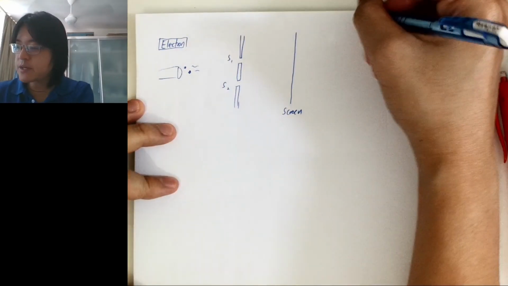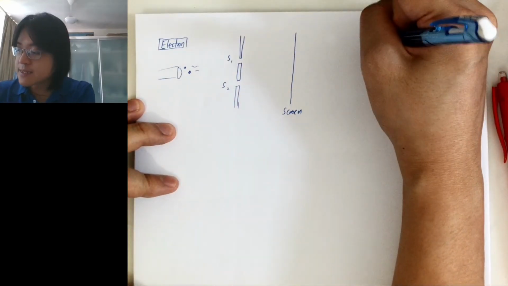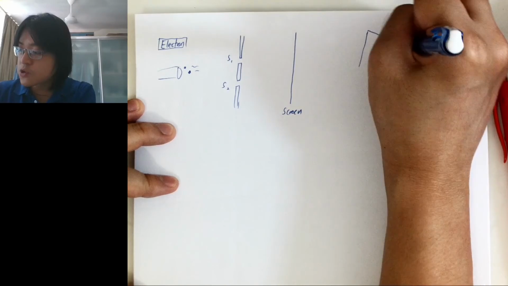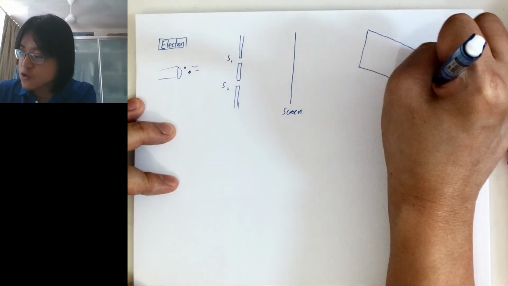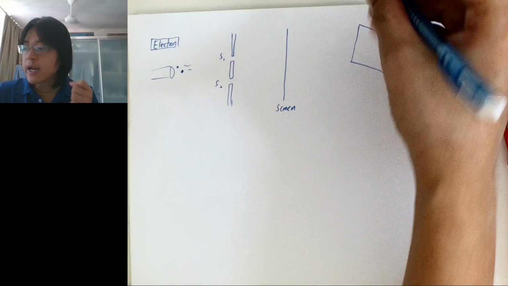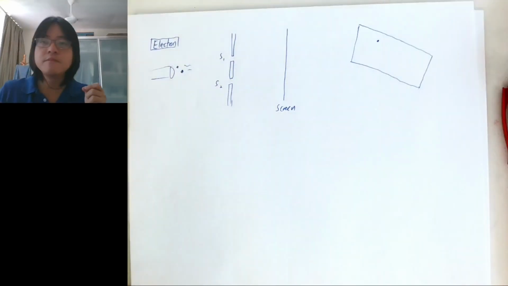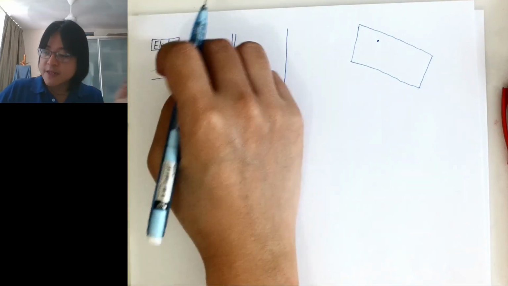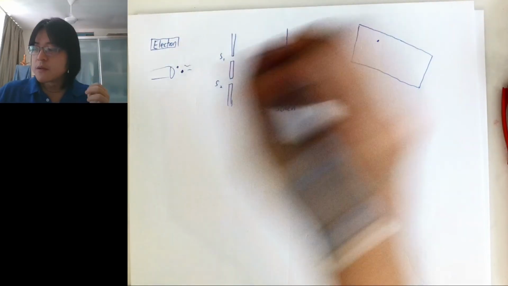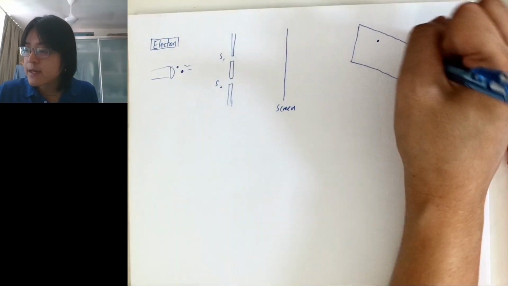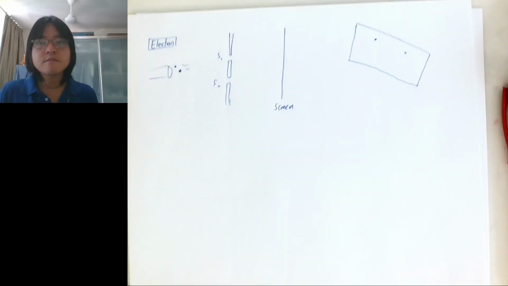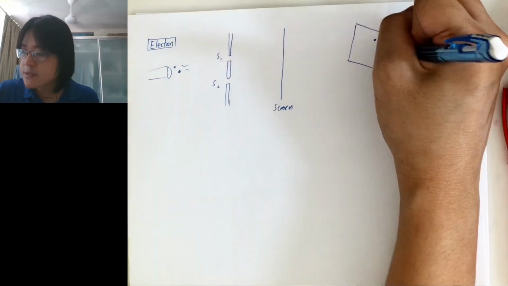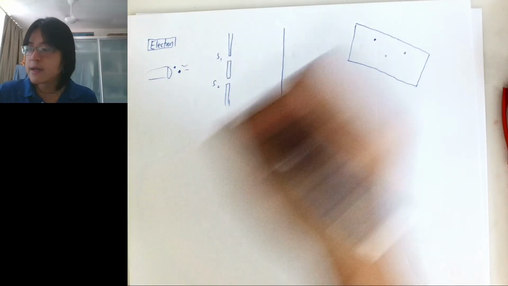It turns out we can actually do this experiment. If you just shoot 1 electron, when you collect on the screen, you get 1 electron detected here. Then the second electron passes through, I don't know what happened to it, but you get another here. And then you get more and more electrons, maybe some are here, and some are here.